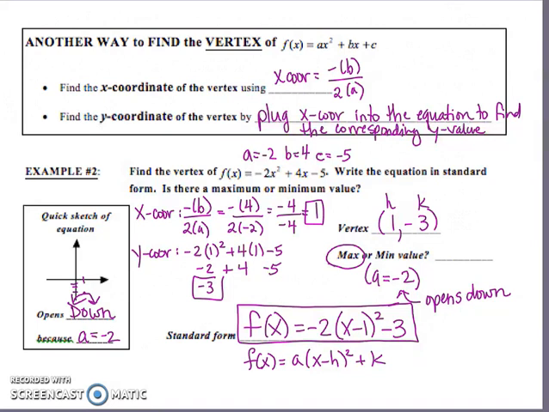When we did it with example 1, our a value was 1, so completing the square was the way to go for that problem. But for our second example, a was not 1, and so I chose to find my x coordinate using opposite of b over 2 times a. You could use either method in both cases, but it is harder to complete the square when a is not 1. So that's just something to think about as you work through these problems.